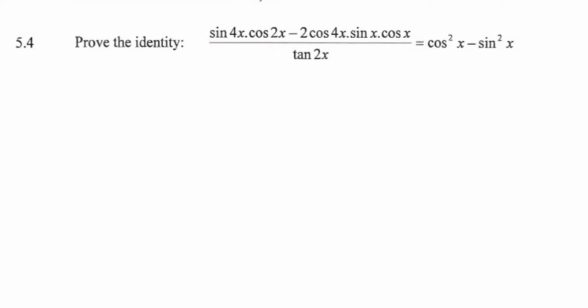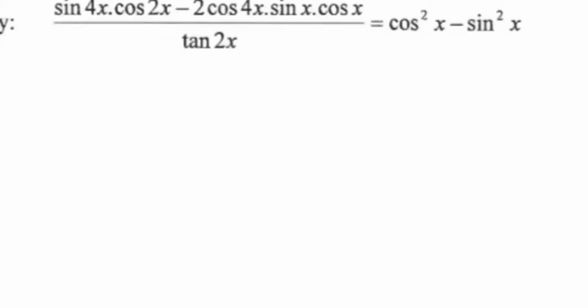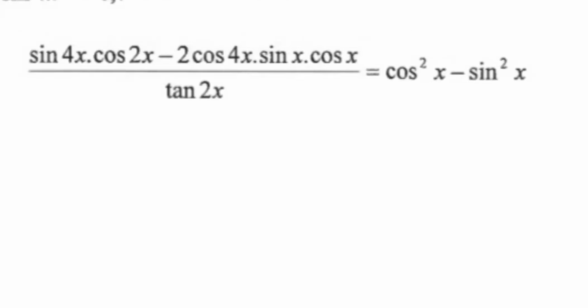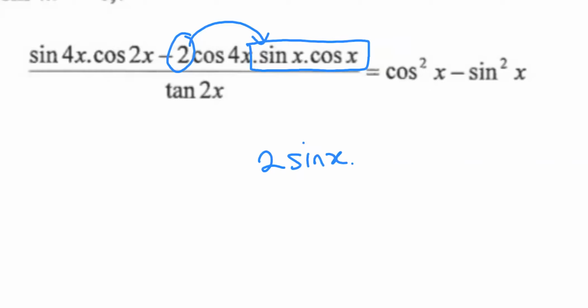Oh yes, well done. Okay, so can I just zoom in so that we can see it better? So this 2 that's in front of the cos 4x, if we link that 2 up with this sine x and cos x, then it forms the identity of sine 2x.